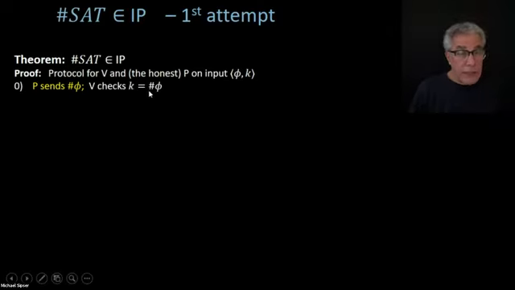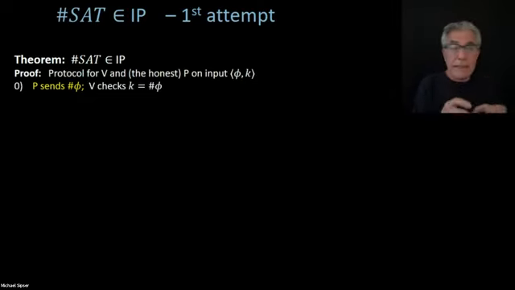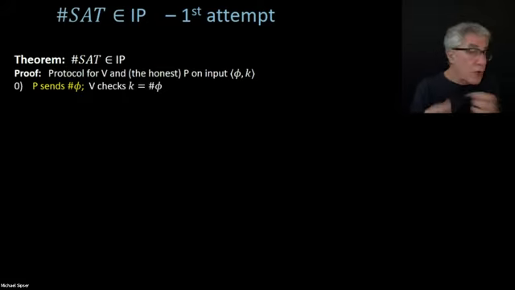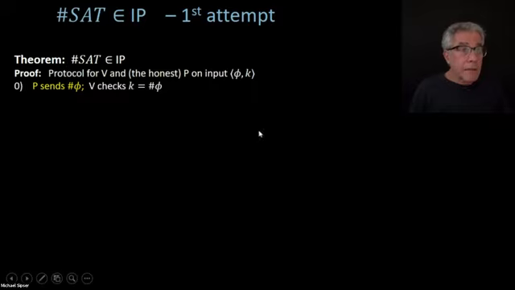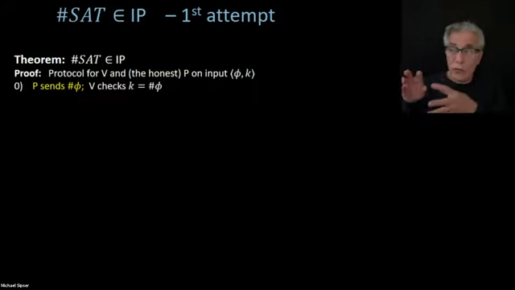The verifier checks that it is equal to K. I think it's best to understand this first with the case that the input is in the language, so K is correct, and we have an honest prover. And then we'll understand what happens if K is not correct. We'll see that no matter what the prover tries to do, the verifier is going to end up not accepting. And again, this is just a setup for the real protocol.